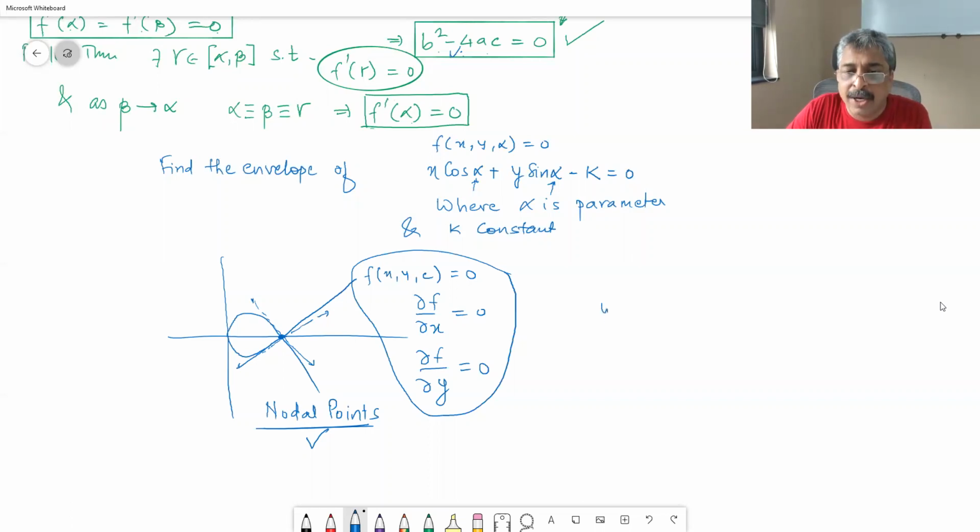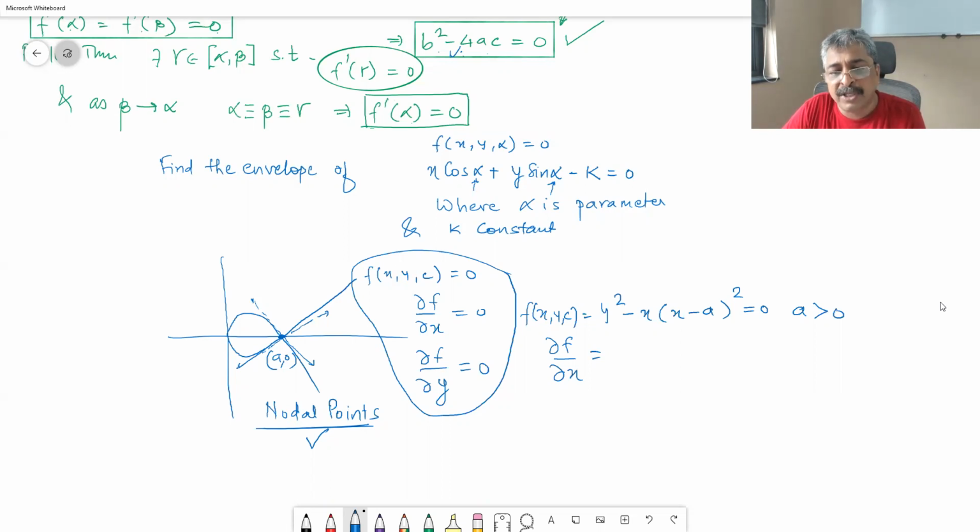Example, we had y square minus x times bracket x minus a bracket square is equal to 0, a greater than 0. This was the equation of this kind of curve where a is this point, a comma 0. So this relationship LHS, if we consider it as f of x comma y comma c is equal to 0, then we find out del f by del x.